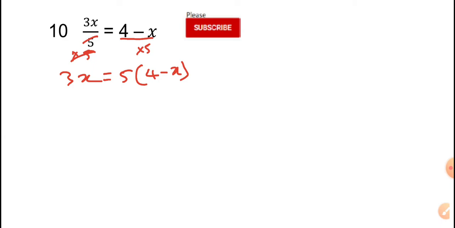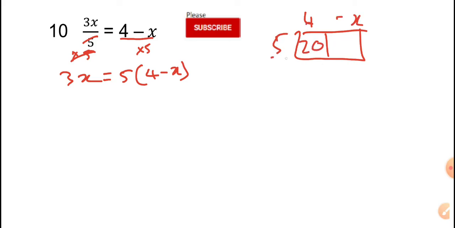So now we know 3x is equal to 5 times, inside the bracket, 4 take away x. So if we expand the right hand side, 5 times 4 is 20, and then 5 times minus x is minus 5x. So the right hand side expands to be 20 minus 5x, and the left hand side is just 3x.